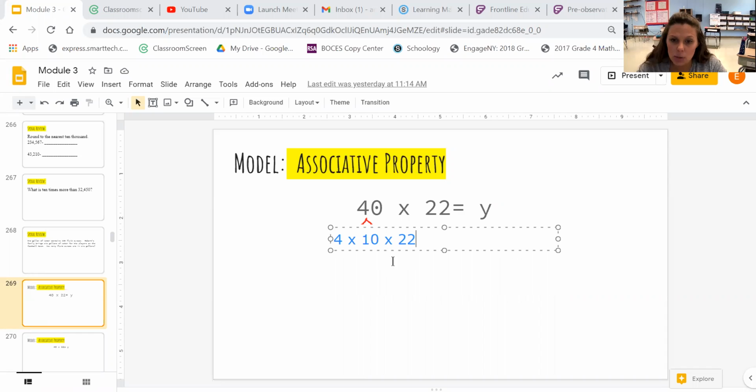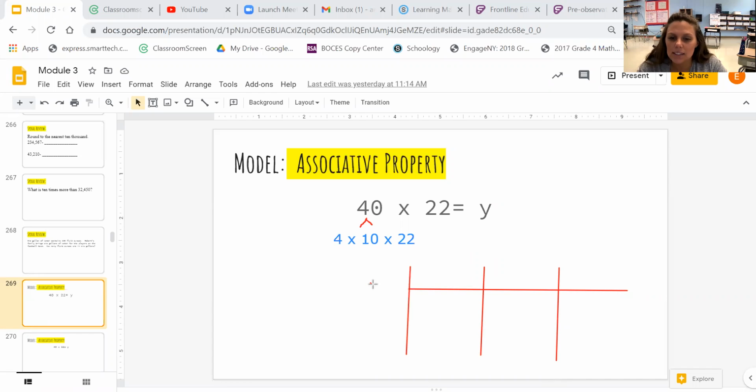So now I'm going to show this equation. I have 4 times 10 times 22. We're going to make a place value chart. We have our ones, our tens, our hundreds, and over here would be our thousands. I have 22.